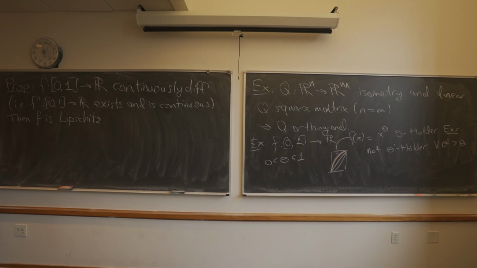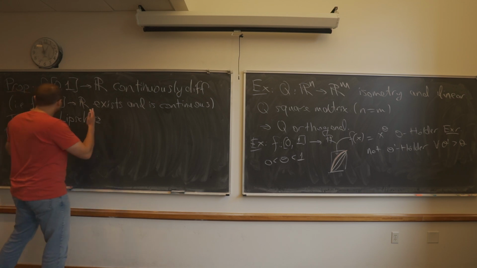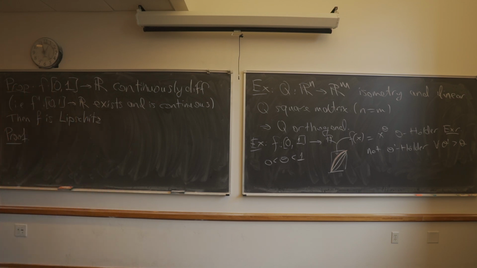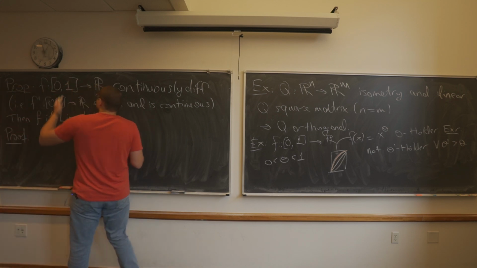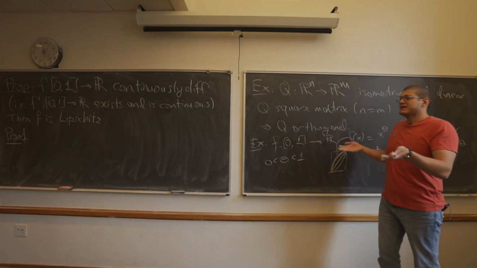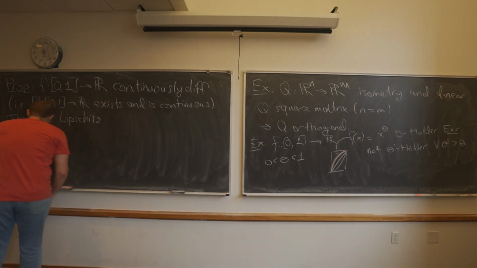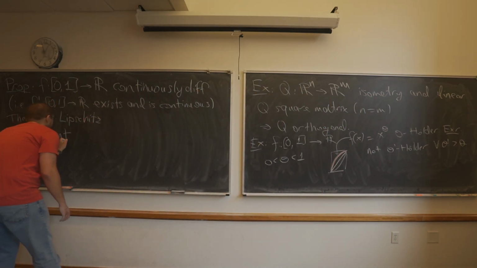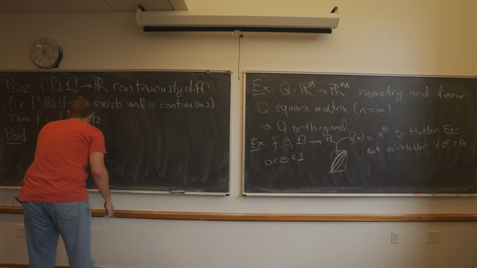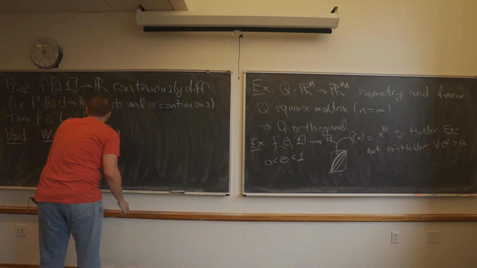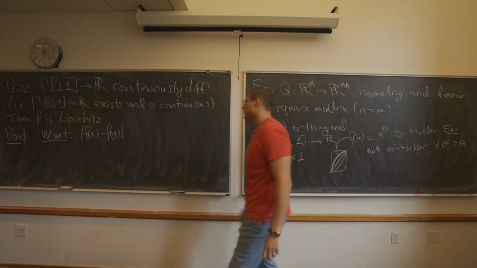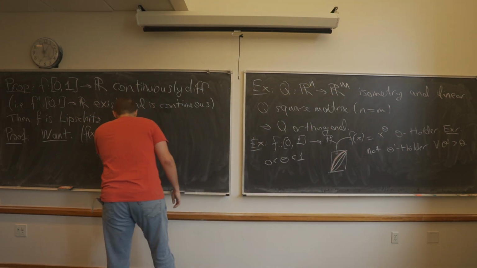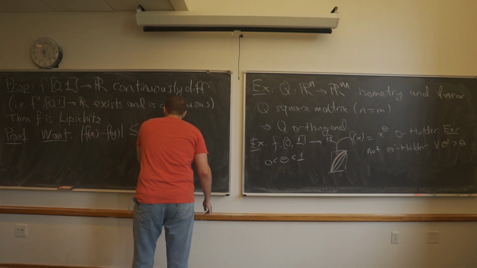Any ideas as to how I can do this? In this class we're going to do some proofs. So what do I want? I want to prove that f satisfies a certain inequality. And instead of writing d and stuff like that, in this case, we're in the context of single variable calculus. We might as well use absolute values because that's what I'm using, really. So what I want is this: the distance between f of x and f of y is dominated by some number times x minus y.